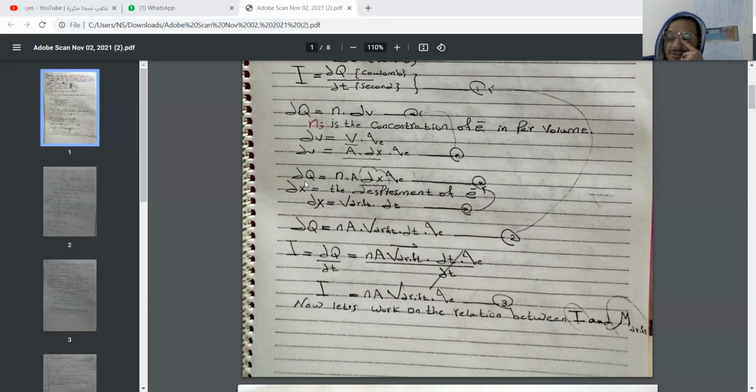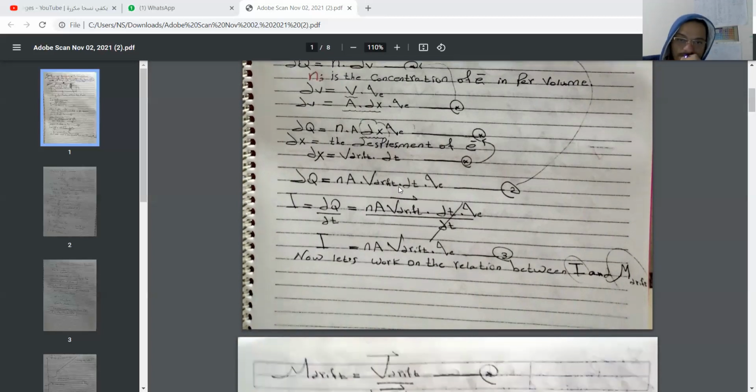That means the differential of charge equals the concentration of electrons dot area dot the drift velocity of electron dot dt dot electron charge.